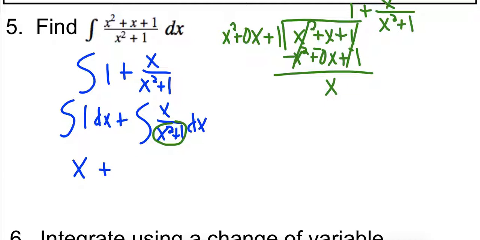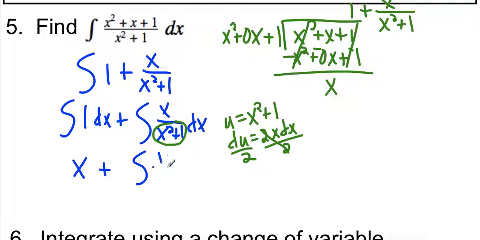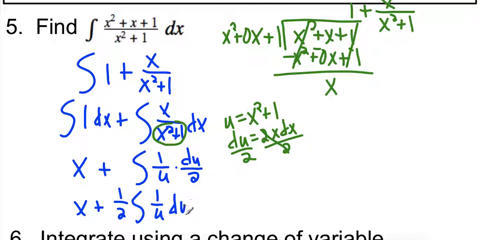Over here on the second one, we're going to let u be x squared plus 1, which makes du 2x dx. So I'm going to have to divide both sides by 2, so I just have x dx. That gives me 1 over u times du over 2. I'm going to pull that 1/2 out. When I integrate this, I get natural log of u plus c.